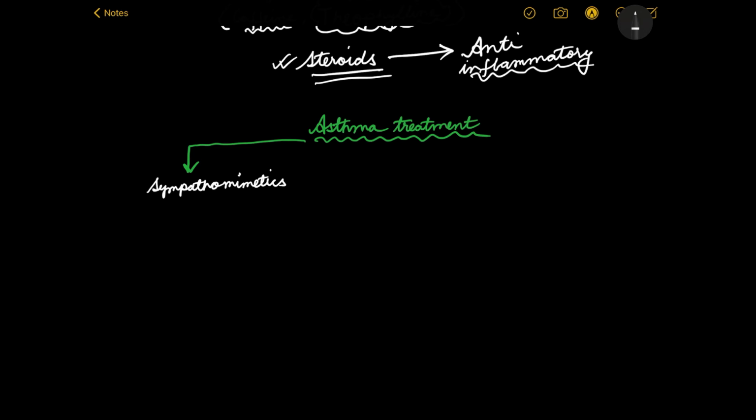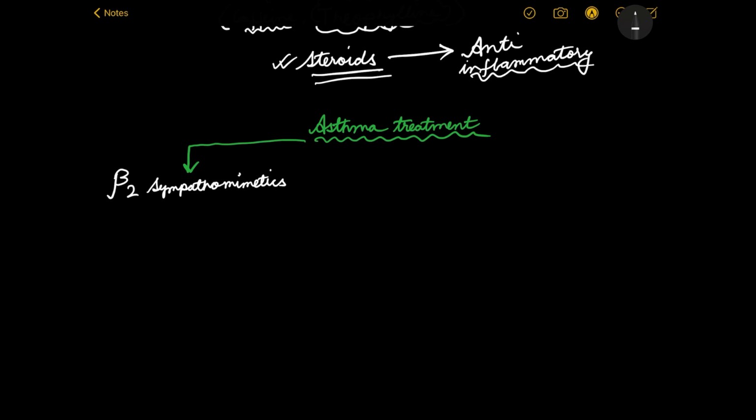Now, the sympathetic system itself has a number of receptors which I had mentioned in my previous video. The receptors of the sympathetic system which are present on the lungs are beta 2. Beta 2 sympathomimetics. Since beta 2 receptors are present on the respiratory tract, the bronchioles, you might say, so beta 2 sympathomimetics.